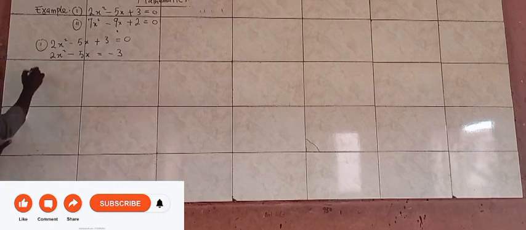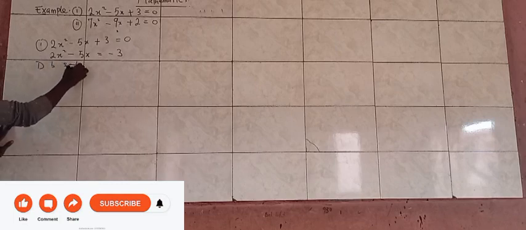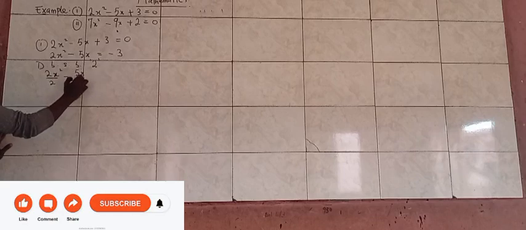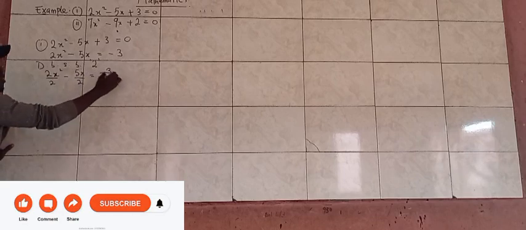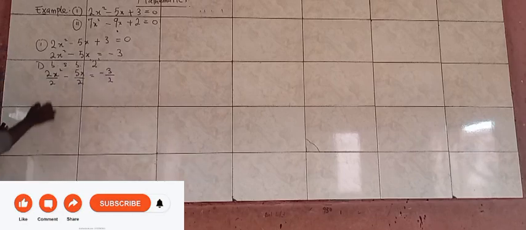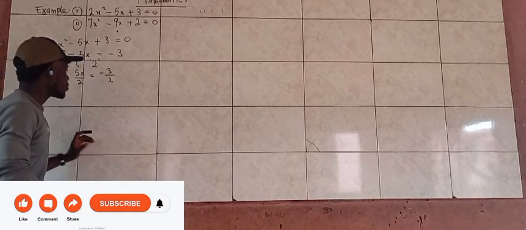The next step is I'll divide both sides by the coefficient of x squared, which is what? 2. Do you understand? That being said, I have 2x squared all over 2 minus 5x all over 2 equals minus 3 over 2. 2 takes away 2. Our intention is to see that the coefficient of x squared is 1.